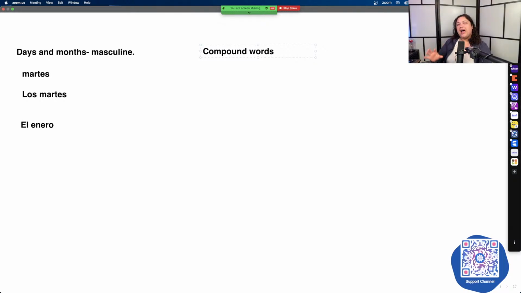In Spanish, compound words usually consist of a verb más un sustantivo, plus a noun. And they end with S. But they're treated as singular nouns.